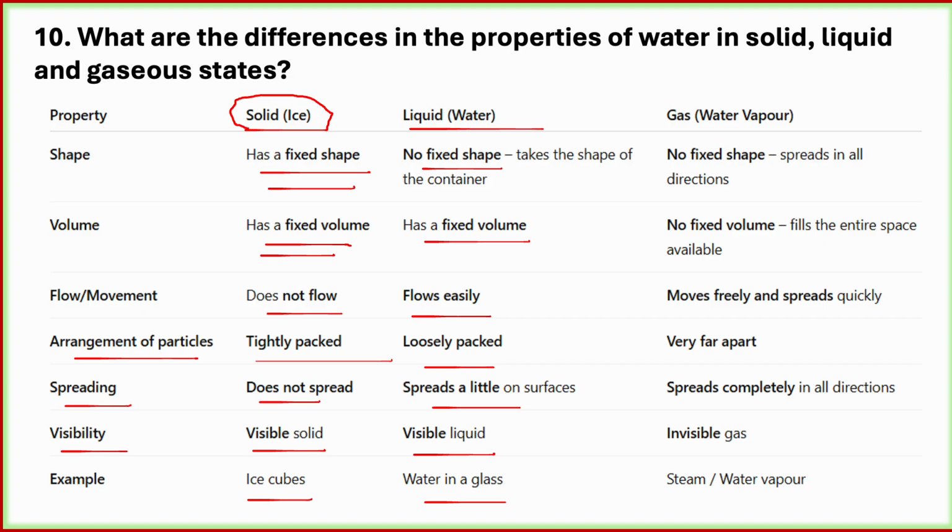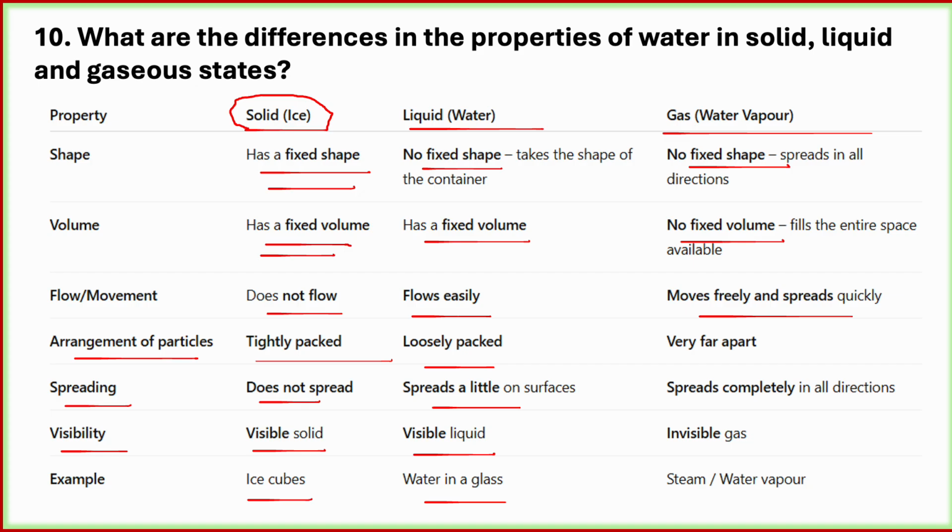Then next we will see gas or water vapor. Gaseous state of water. What about shape? No fixed shape. Spreads in all directions. Then what about volume? No fixed volume. It fills the entire space available. Then what about its flow or movement? Moves freely and spreads quickly.